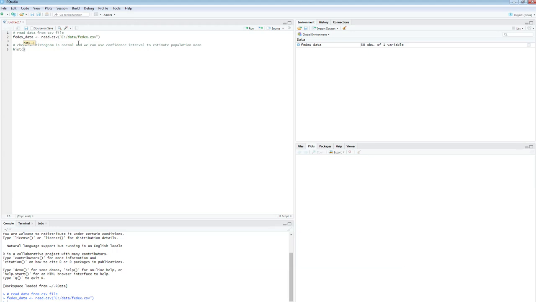Probably inside my data FedEx, I have only one column. That's what I'm guessing, because there is nothing else, right? Just 50 numbers. Each number tells me how many packages that specific individual processed per 1 hour. That's it. So FedEx data $, and indeed I have only one column, packages, number of packages, right?